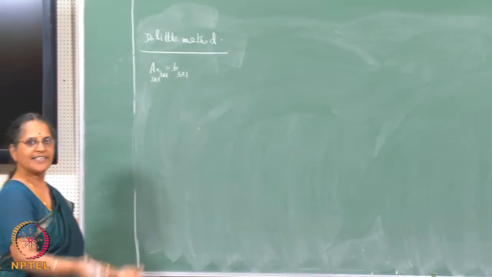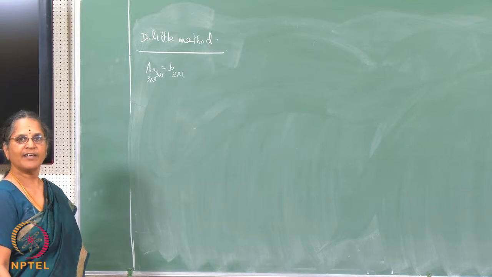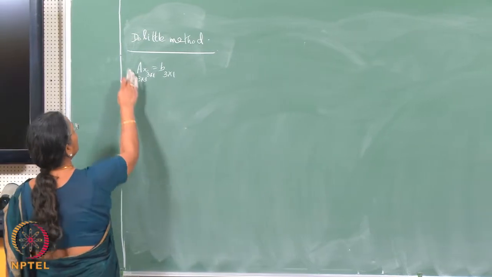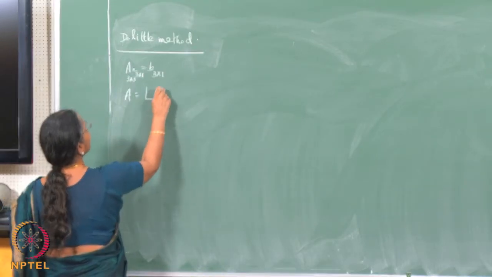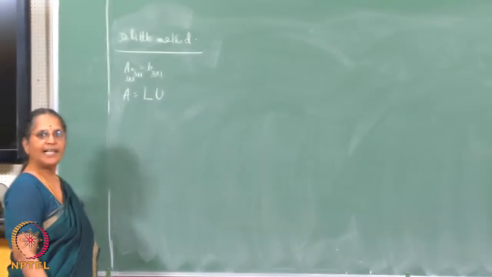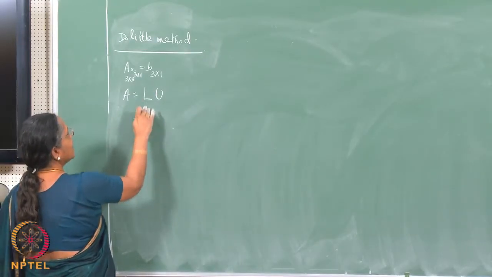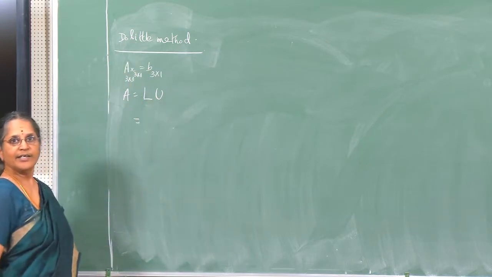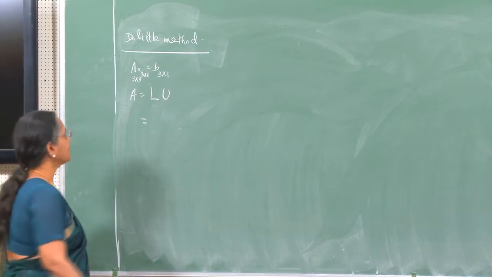The procedure is the same whatever the value of n is, when you are given an n cross n square matrix A. So, if A is a 3 cross 3 matrix and A has a decomposition of the form L into U, where L is a lower triangular matrix, but we would like to use the Doolittle method, L is a unit lower triangular matrix.